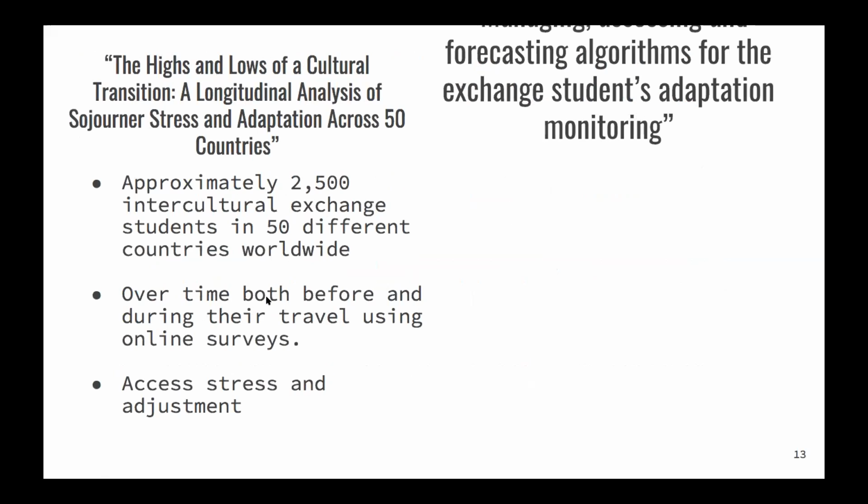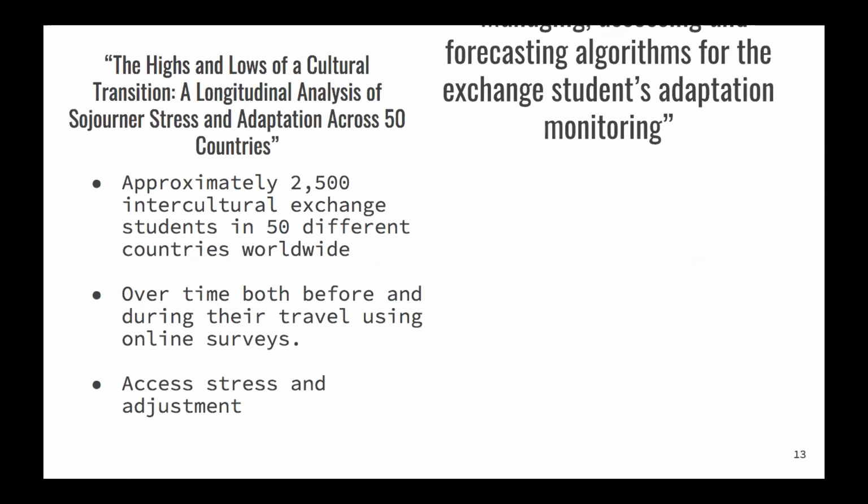And here are the highs and lows of cultural tradition. We found out the cultural difference and adjust their stresses, and the results seem reliable. The research seems reliable especially because this article has a big number of surveys in different countries.